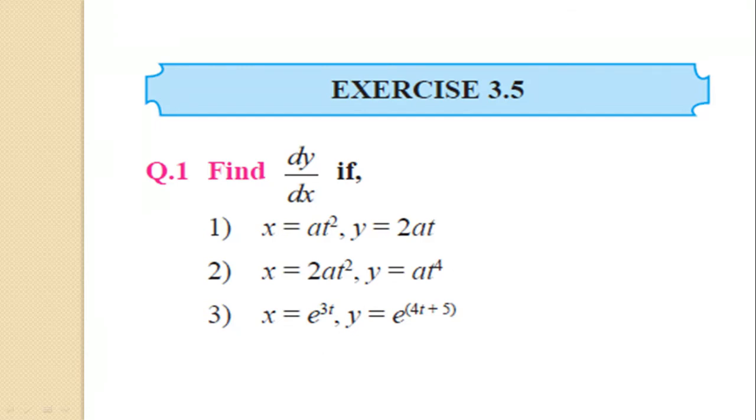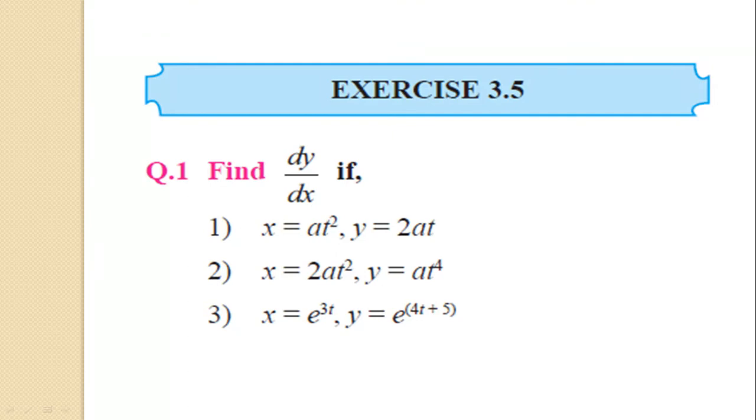We have to find out dy by dx if, see all three functions here. First function is x is equal to a into t square and y is equal to 2at. Here t is parameter, a is constant. So these two are parametric functions. Similarly, second one is x is equal to 2at square and y is equal to a into t raised to 4.